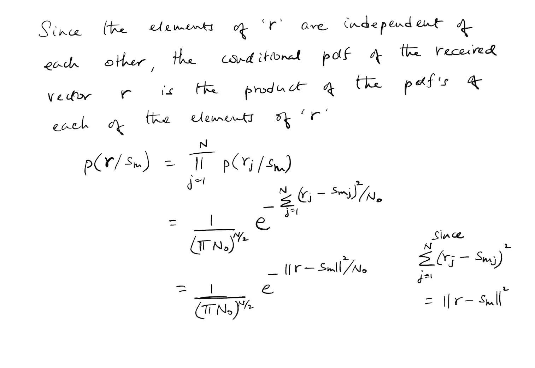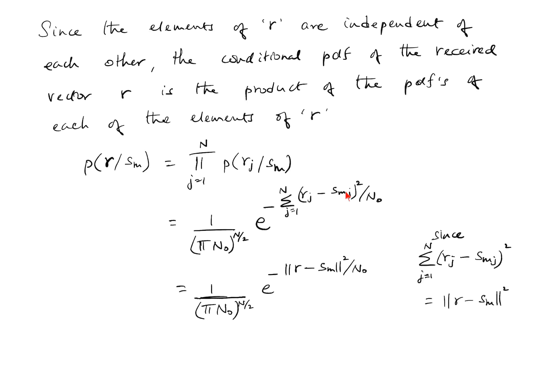Now what we want to notice here is that this summation term, the summation of rj minus smj the whole square, is nothing but the distance squared between the received signal vector and the transmitted signal vector.